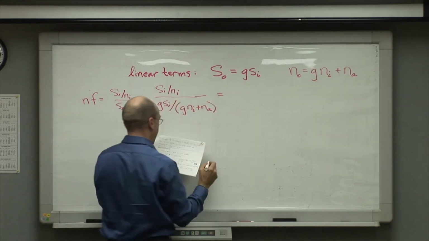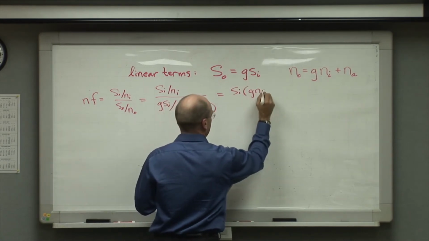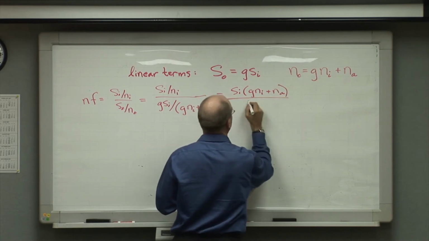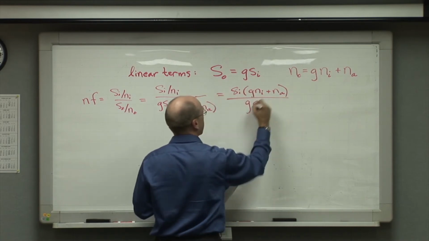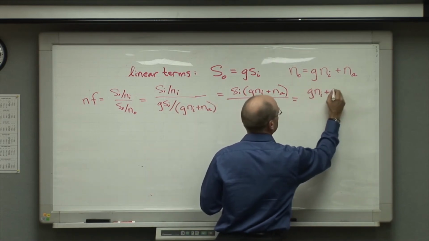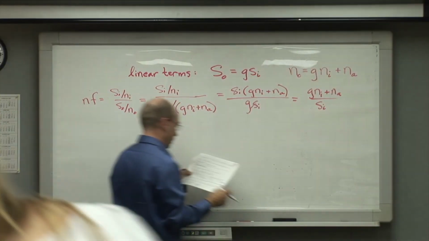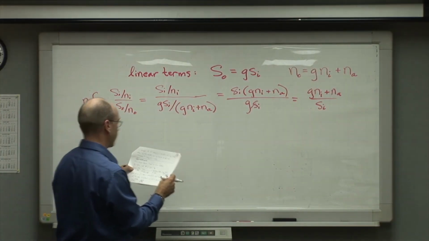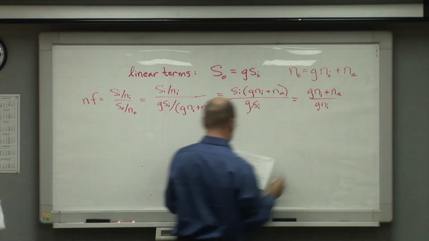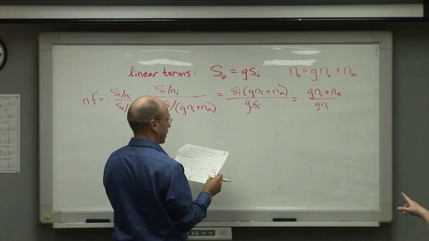And that's equal to SI times GNI plus NA divided by GSI. The SI's divide out, and that gives us GNI plus NA over GSI. Sorry, over GNI. Make sure I've got that right. Plus NA over GNI.